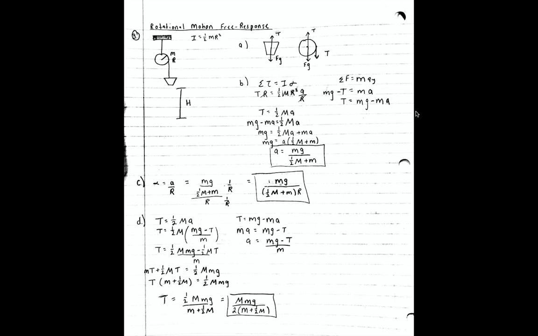We solve this equation over here for a, and then we plug in for a. And then we simplify, we get the T values on the same side of the equation, and we find that the magnitude of the tension is big M times little m times g divided by 2 times the quantity little m plus 1/2 big M.